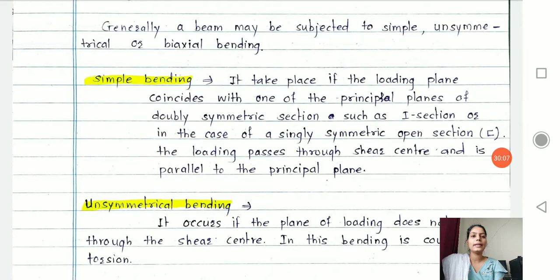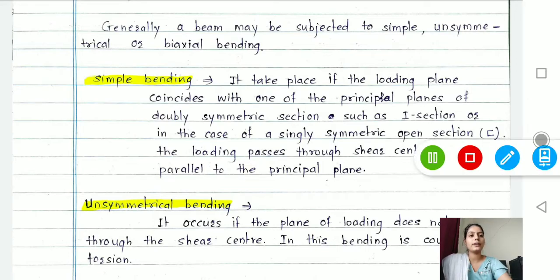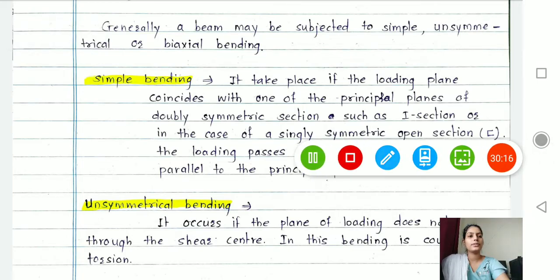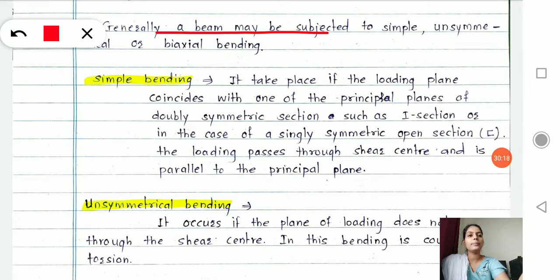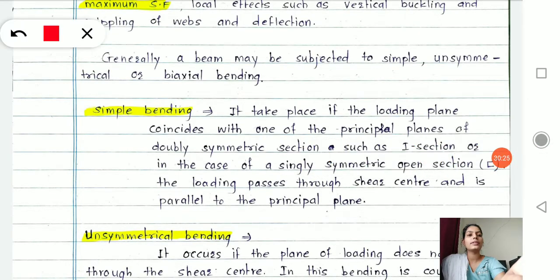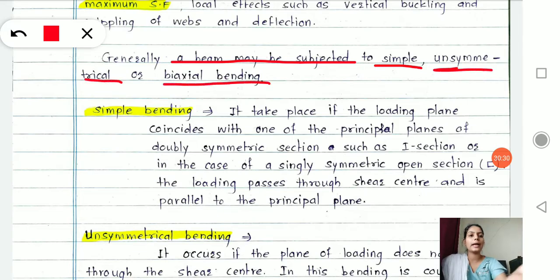Generally a beam may be subjected to simple, unsymmetrical or biaxial bending. So what is simple bending, what is unsymmetrical bending, and what is biaxial bending, that we are going to understand here.